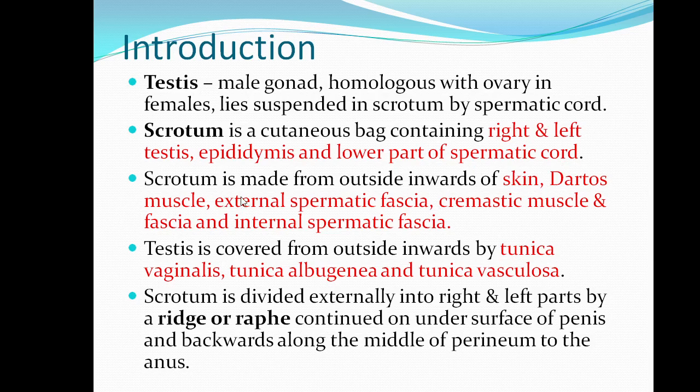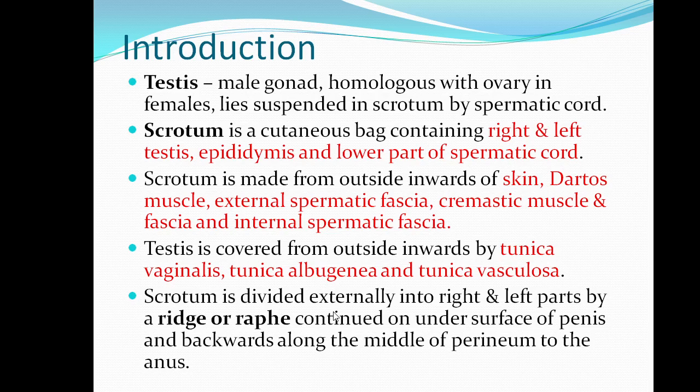The scrotum is made up from outside inward of skin, dartos muscle, external spermatic fascia, cremastic muscle and fascia, and internal spermatic fascia. This testis is covered from outside inward by tunica vaginalis, tunica albuginea, and tunica vasculosa.